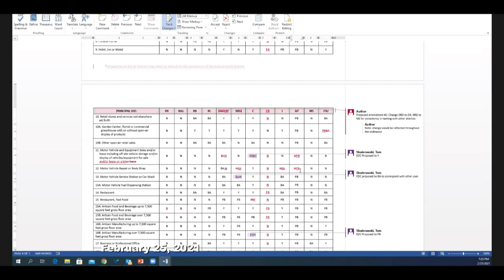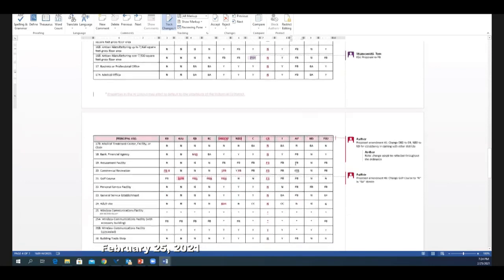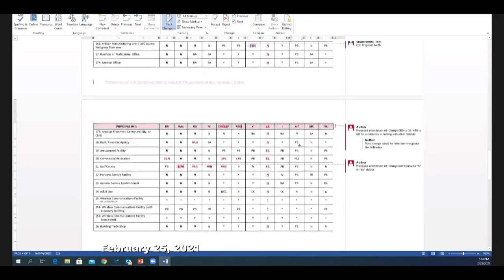Okay, that's great. What about medical clinic or treatment facility? Because medical office is allowed by planning board, but a medical treatment center or facility or clinic is just not allowed. Correct. But once again, it would be allowed by a special permit from the Board of Appeals, because a property that's AI could choose to utilize the I designation if they chose.